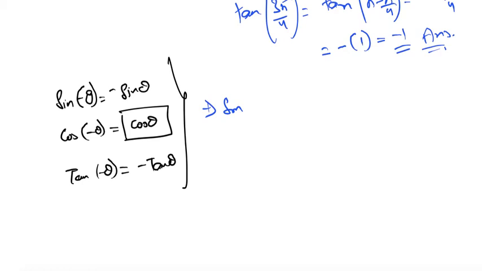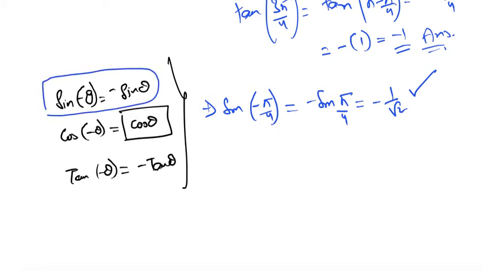So sine minus pi by 4 will become minus sine pi by 4, which is minus 1 by root 2, and that is the answer using this identity. Second, cos minus pi by 4 is cos pi by 4 using this identity. Therefore, this will be positive 1 by root 2.